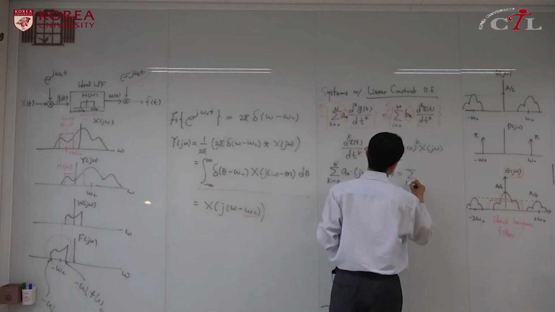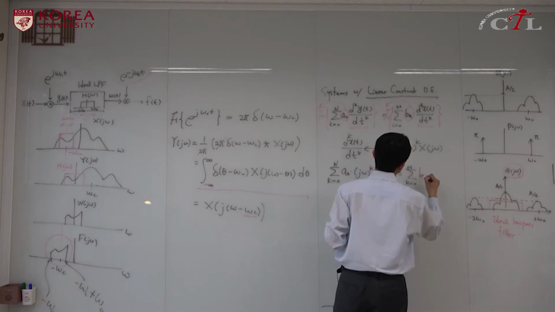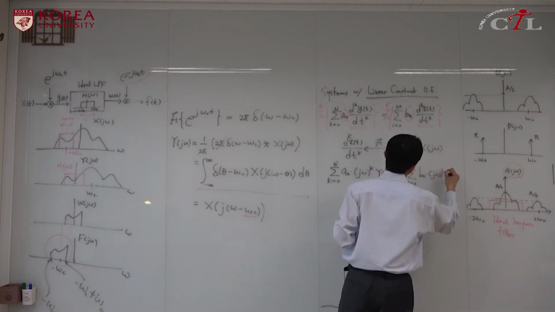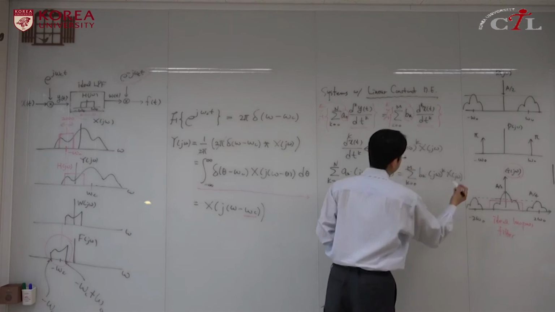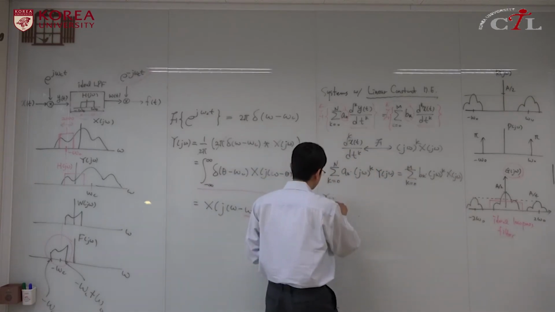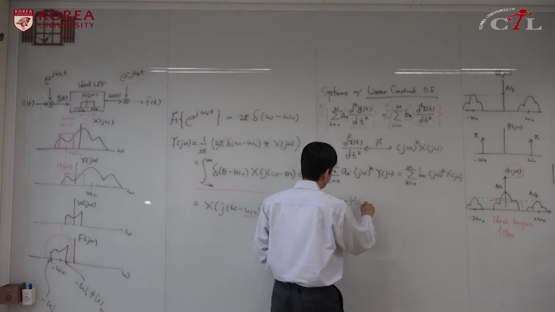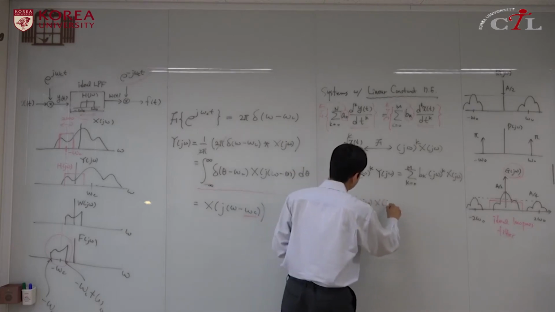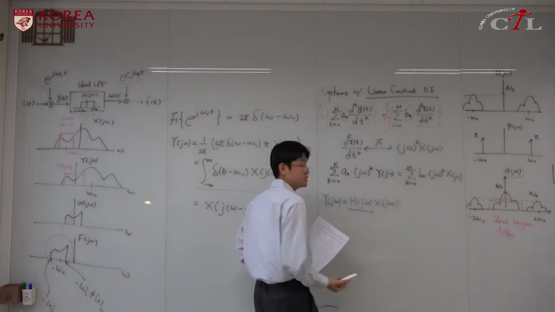Similarly, b_k (jω)^k X(jω). So from here we can find Y(jω) in this form, H(jω) X(jω), what we call the transfer function.